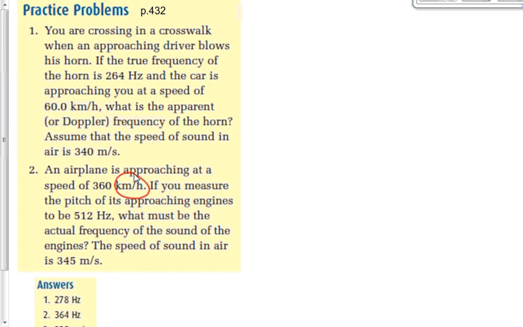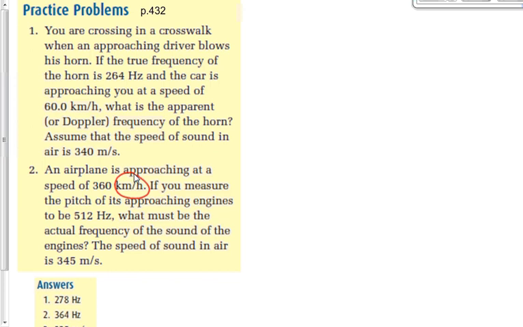Now, the pitch, you measure the pitch of its approaching engines to be 512 hertz. We want to know the actual frequency of the sound if the speed of sound in air is 345 meters per second at that temperature. We're going to convert that to meters per second, but, you know, if we had the speed of sound measured in kilometers per hour, you could actually get away with using kilometers per hour.